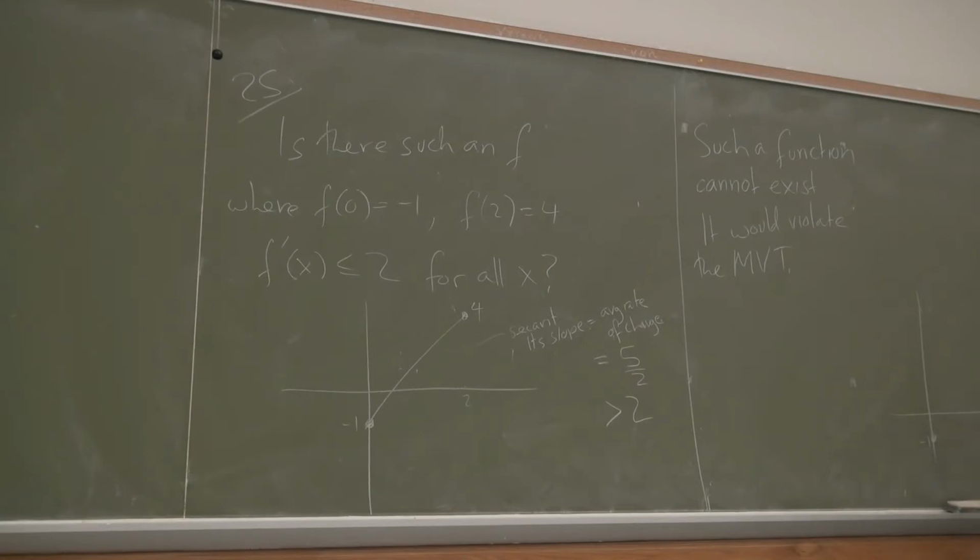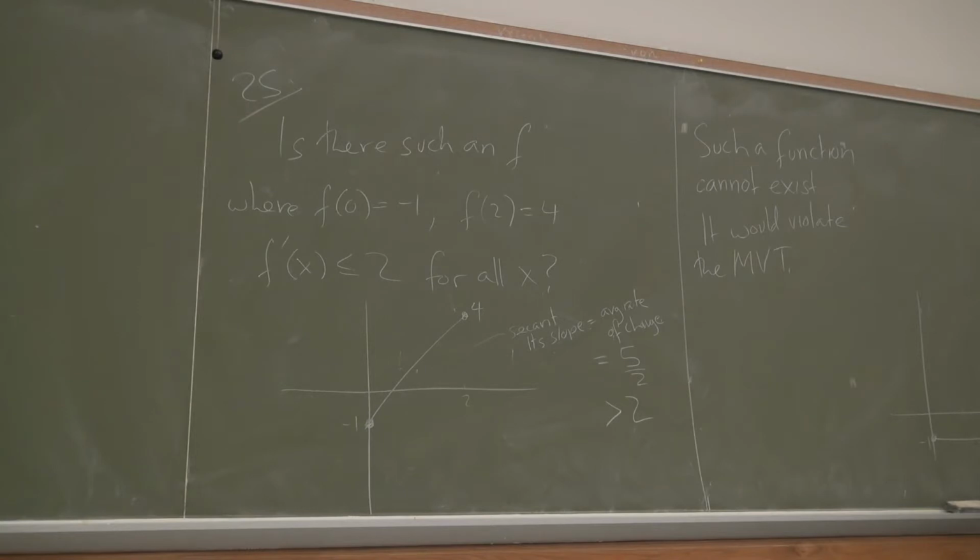Let's say, what if I made the slope 0 until I get here, and then I just jump here. Yeah, that's what I'm saying. The slope of the function is less than 2. Does this work? Are we wrong here? What would be wrong with this example? It does not have the slope. Right, the slope is not there.